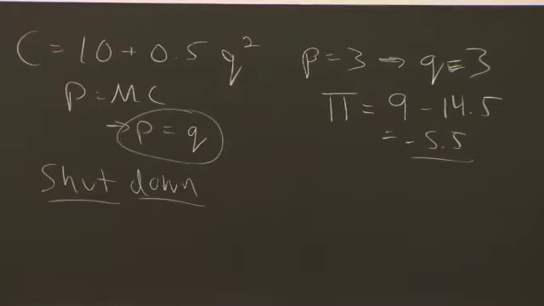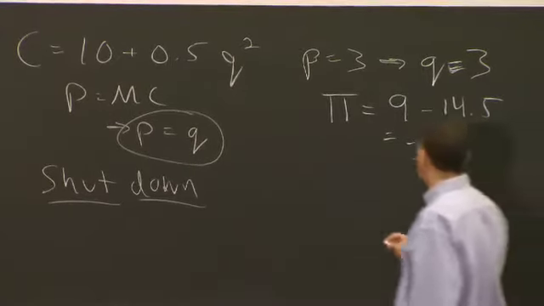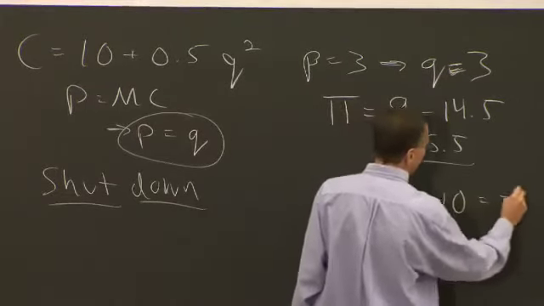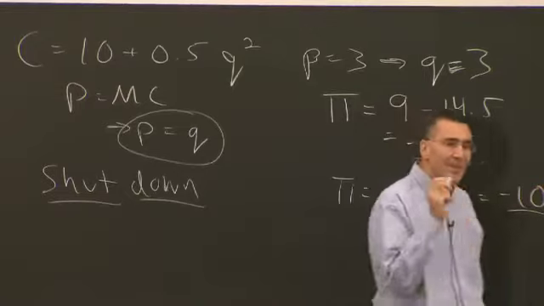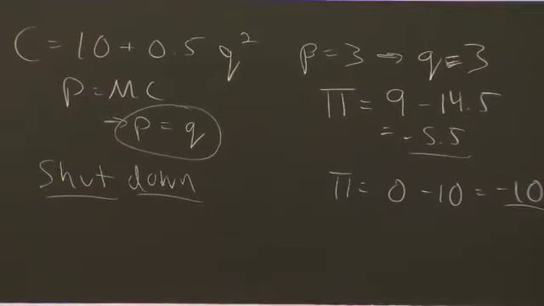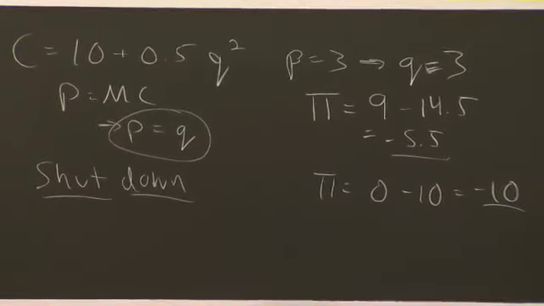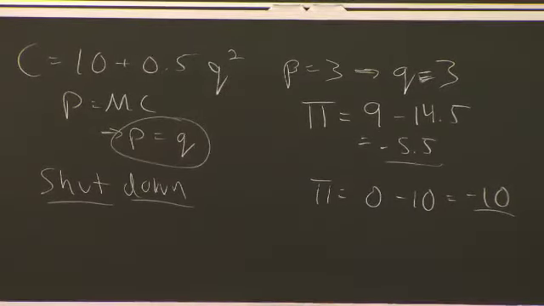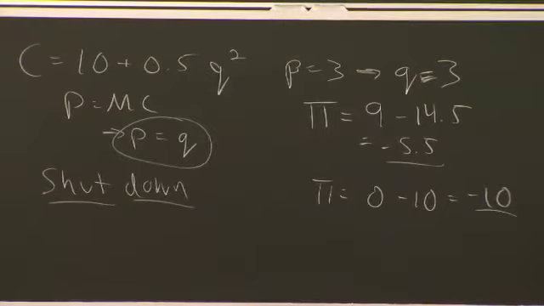What are its profits if it shuts down? If it shuts down, its profits are 0 minus 10, equals negative 10. So it actually makes more money by staying in business than shutting down because it has these fixed costs. Because it's going to pay the 10 anyway, as long as it's going to lose less than 10, it might as well stay in business.